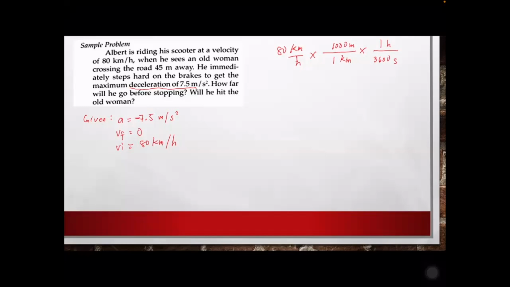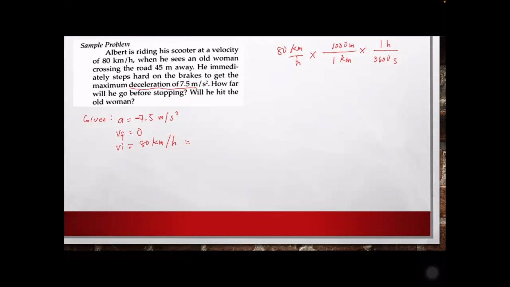So, what is the final answer kapag ito? 80 kilometer times 1,000 divided by 3,600.